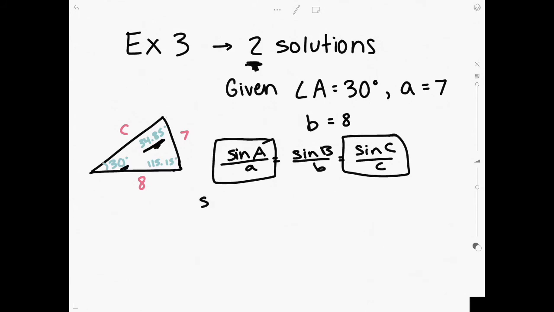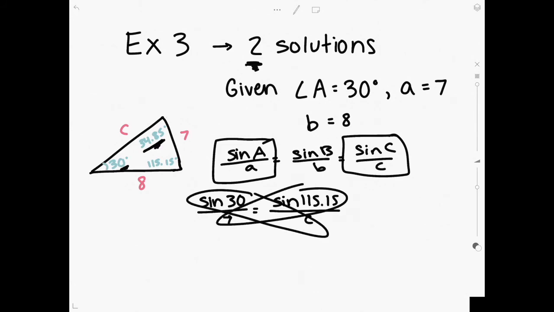And we can get sine 30 over 7 is equal to sine of 115.15 over C. And by using cross multiplication, you can get 7 sine of 115.15 is equal to C sine 30.